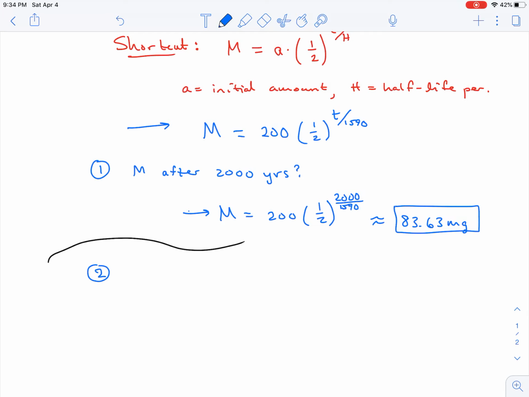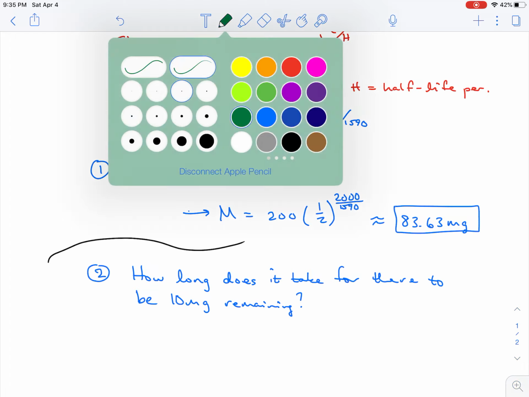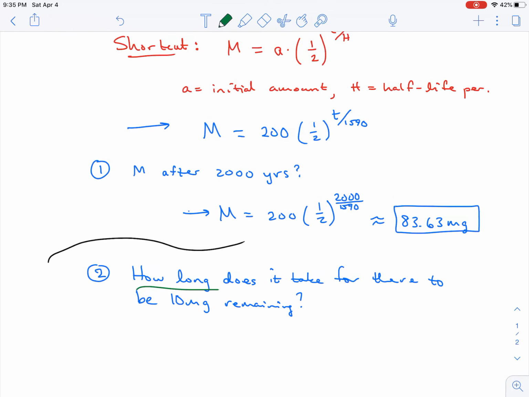Now the second task is to find how long it takes for there to be 10 milligrams remaining. And we know this is a solving problem because of the question how long, so the time is unknown. Time is the input.